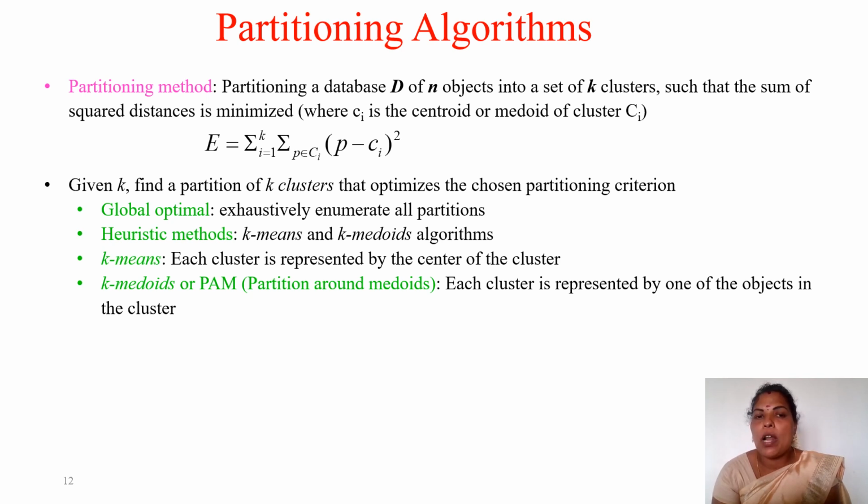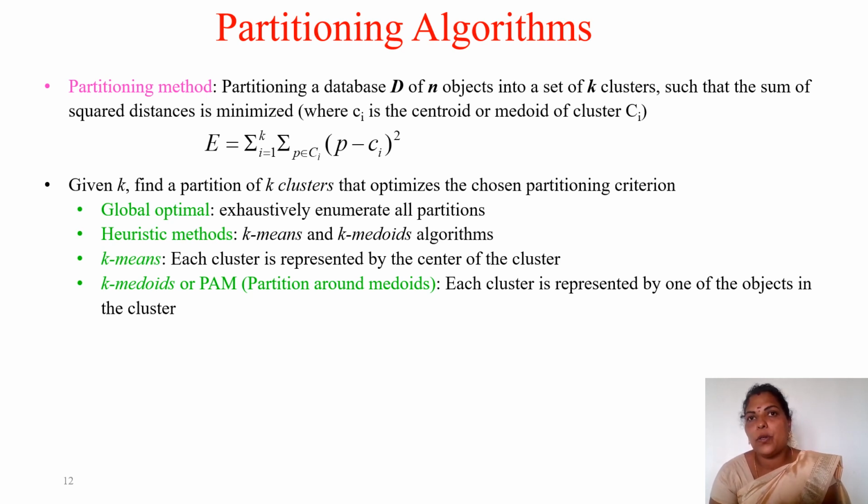Here the global optimum requires exhaustively enumerating all the partitions. The heuristic methods we apply are k-means and k-medoids. In k-means, each cluster is represented by the center of the cluster. Initially we need an initial seed, that is, an initial cluster center.